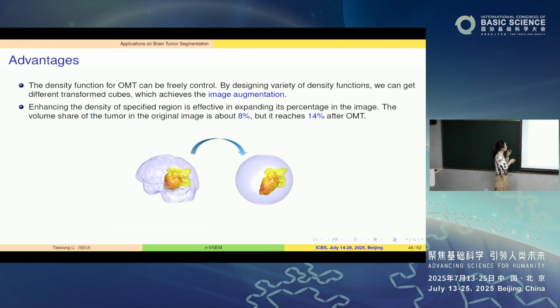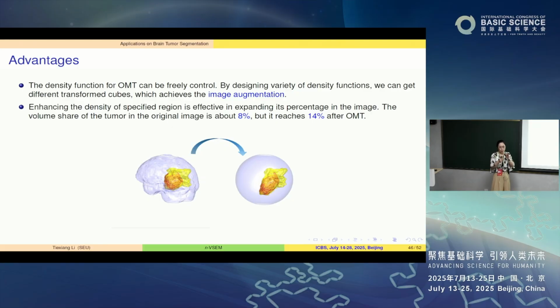So we can get more data for the AI model. In this process, we enhance the density of a specific region, effectively expanding its percentage in the image. Usually the volume of the tumor in the original image is about 8%, but in this image the volume can reach 14%.